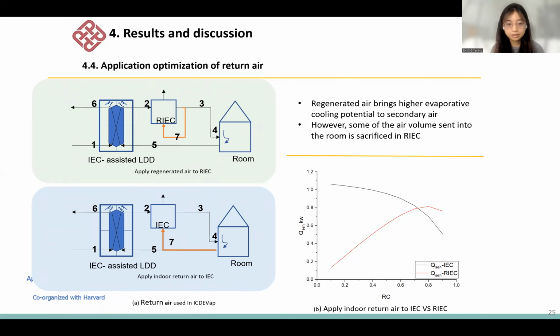The result is shown in figure B. As can be seen, the regenerated air brings higher evaporative cooling potential to secondary air, while it might sacrifice some air volume sent into the room. So if the air volume can meet the needs, if RC is larger than 0.8, the system where the air is directly transformed into LDD and using RIEC can perform better.